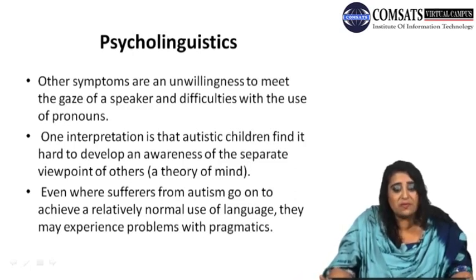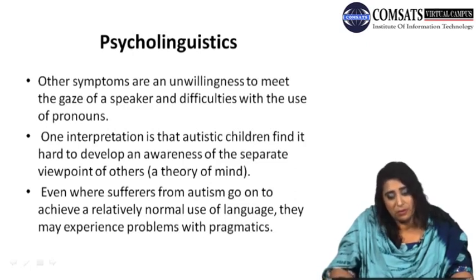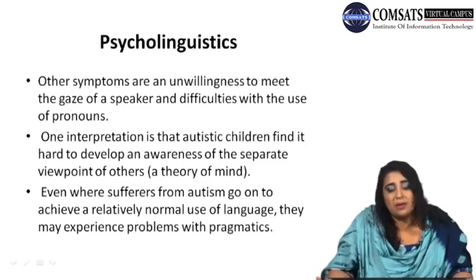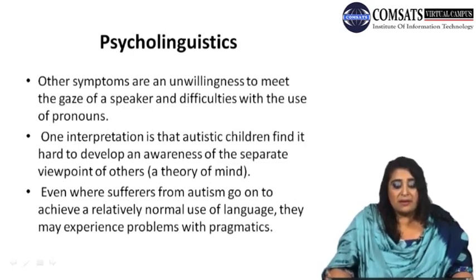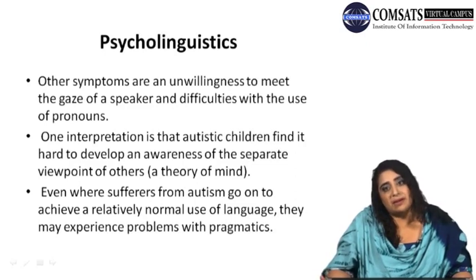So even where sufferers from autism go on to achieve a relatively normal use of language, they may experience problems with pragmatics. So even though later on they grow up to learn the language properly and use it normally, at some point it still shows that they would still have difficulty in pragmatics.